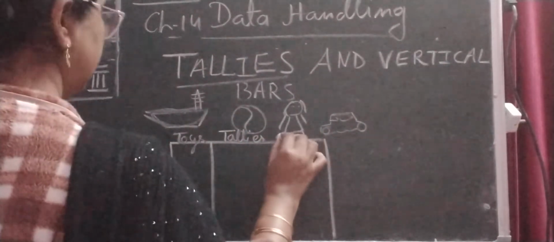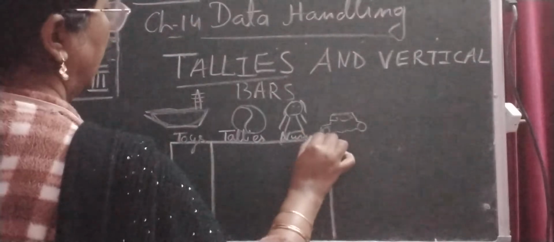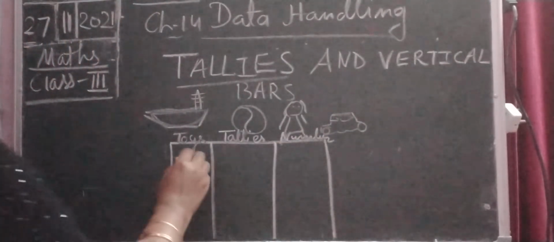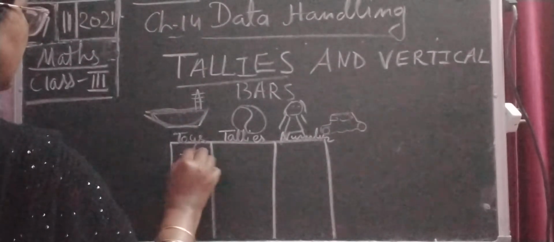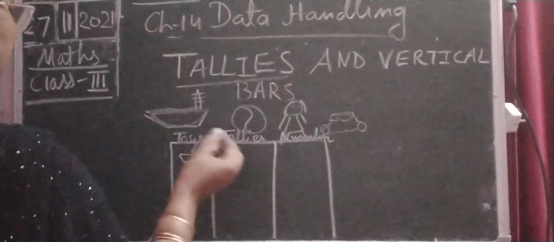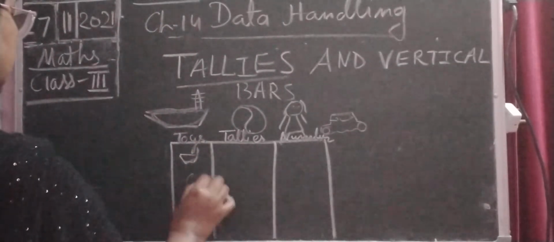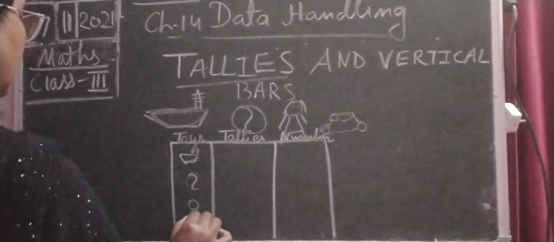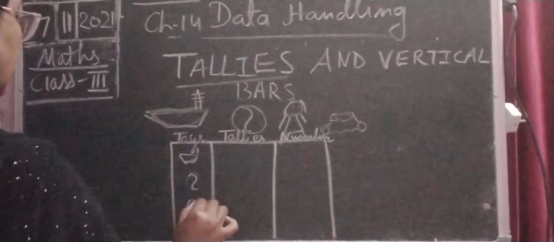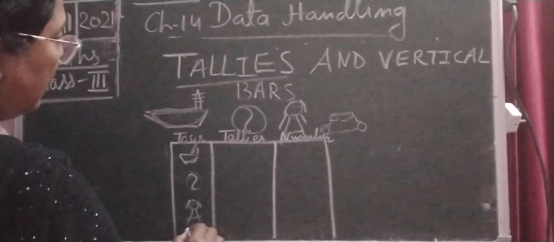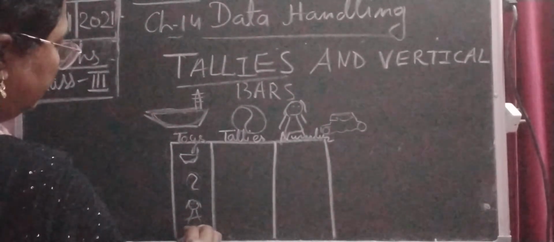Now here numbers. Okay. Numbers. Now here if we will draw a boat over here. Okay. Balls. Now a girl or a doll and a car.